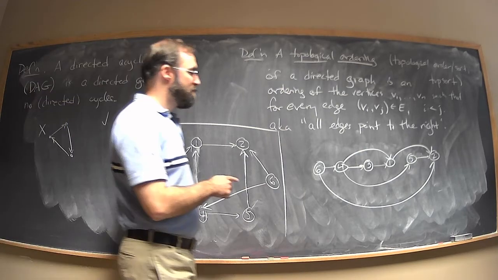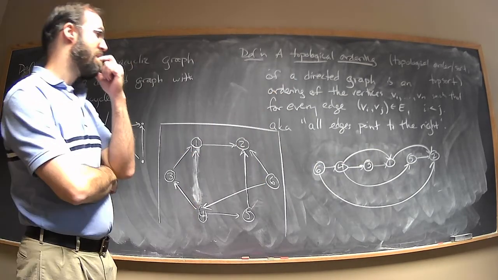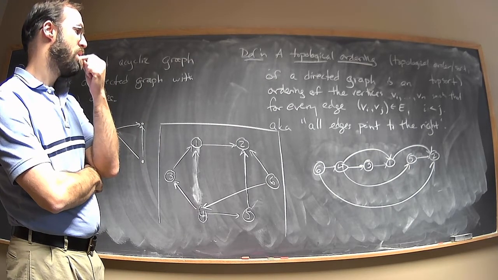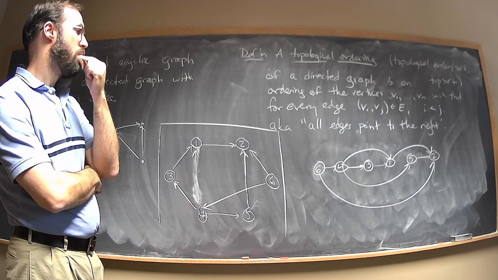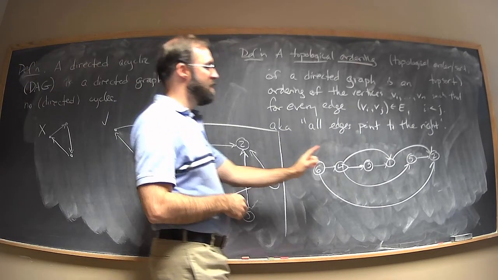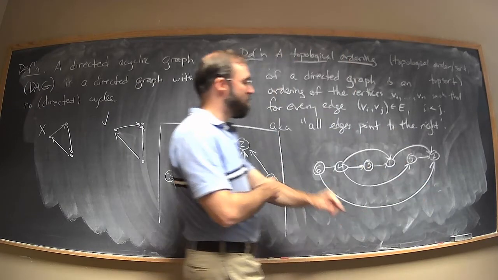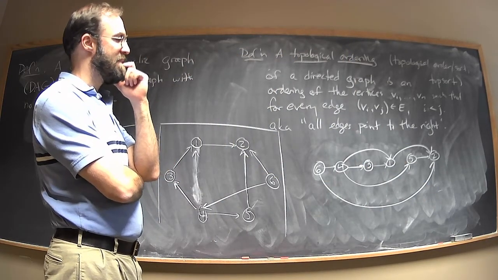So 6, 4, 5, 2, 3, 1? Yeah. I think it would get messed up with 1. Yeah, 1 has an edge to 2, so I can't put 2 before 1. They have to be in order. Okay.